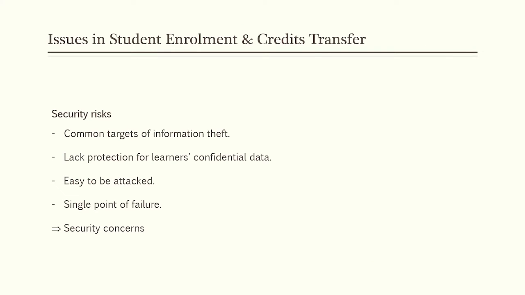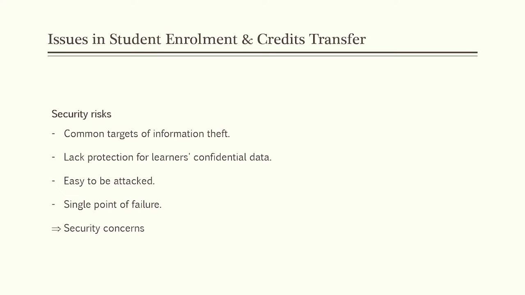The second issue is the security risks brought by the current system. The traditional system is a common target of information theft because it contains a lot of sensitive information, including academic records and students' personal records.